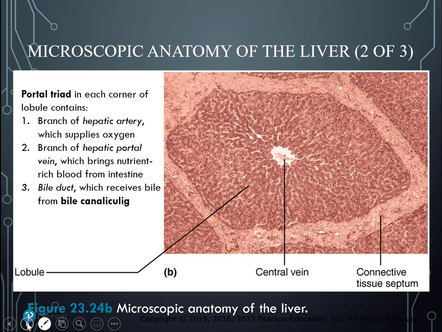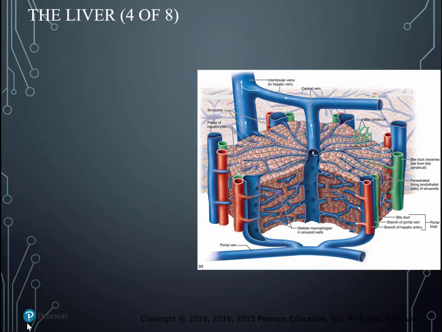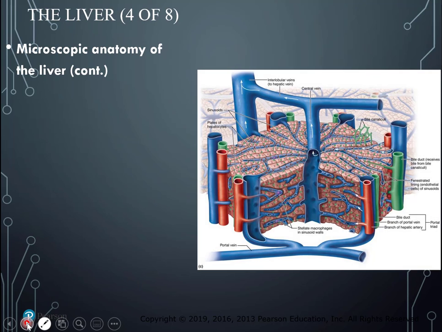I don't have anything here that shows the portal triad, but it shows us the central vein. But you could see in this picture a three-dimensional diagram of the lobule, and you could see that this is a portal triad right here. It is made up of an artery, a vein, and a bile duct.